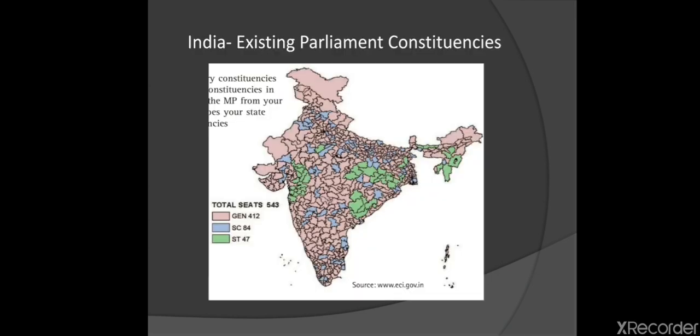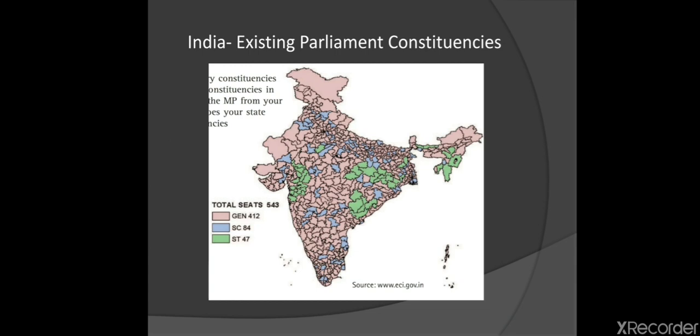look at this diagram, look at the map. We have discussed this map earlier also. In this map you can see that the area of India is divided into 543, and these 543 are constituencies, meaning different areas from where groups of voters elect their representative.